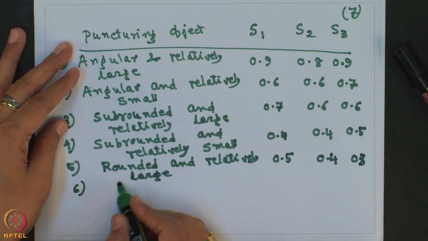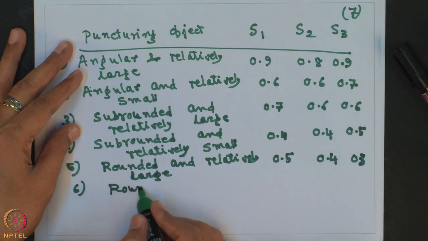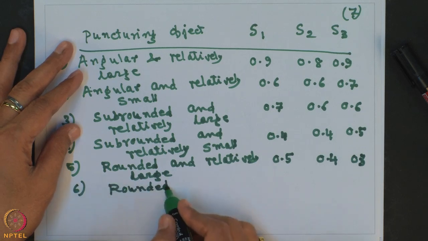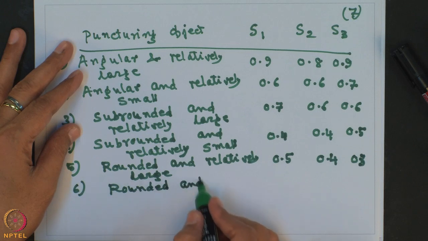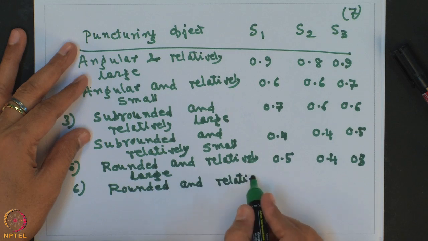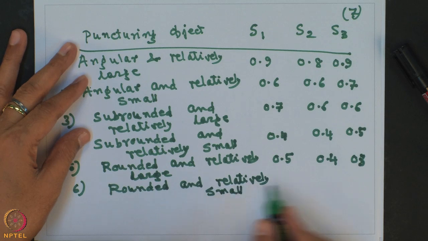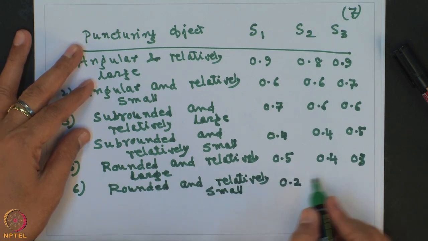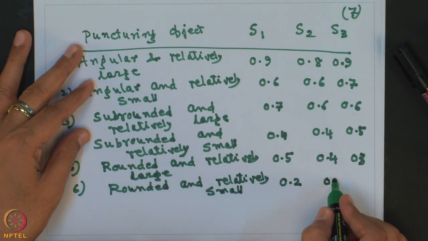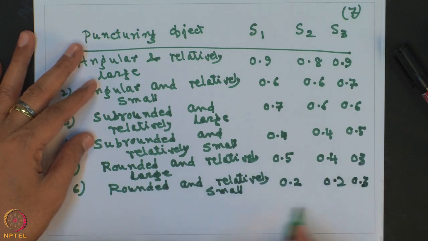And if it is rounded and relatively small, then S1 value is 0.2, S2 value is 0.2 and S3 value is 0.3.